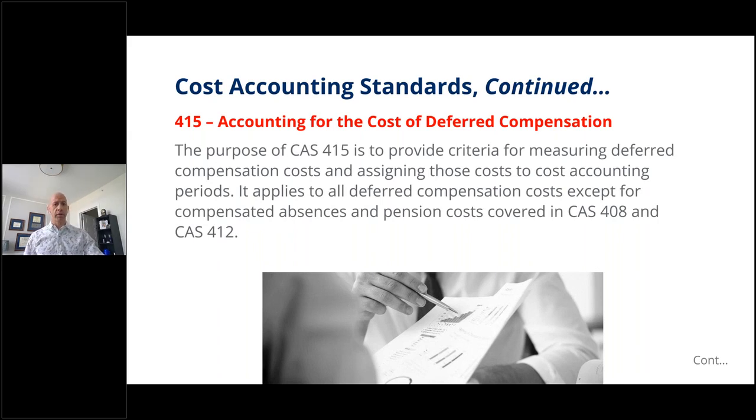It applies to all deferred compensation costs except for compensated absences and pension costs, which we previously talked about in CAS 408 and 412. Again, this is one of those CAS requirements that may not apply to you. If you do not have deferred compensation, outside of regular compensated absences or pension costs, it's likely or possible that 415 may never apply to you.